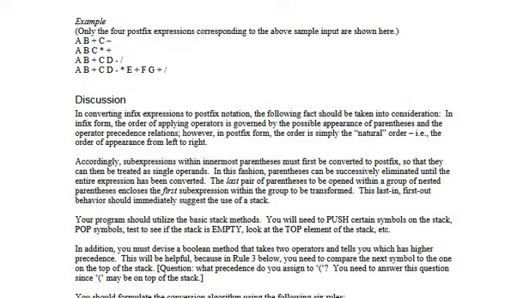Sub expressions play a very important role in doing the conversions. So you need to keep in mind the expression, operators, and sub expressions, everything, and based on that you try to convert it into postfix notation.